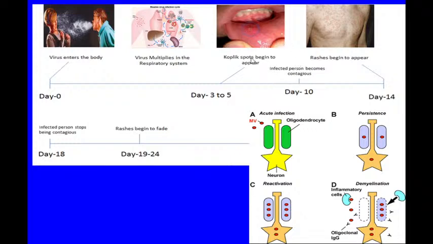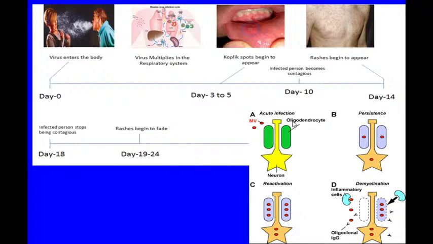So then the symptoms occur as the cough, coryza, conjunctivitis. This is called the 3Cs, and photophobia, and then rash. It is called the catarrhal stage, and then the rash begins to appear, at approximately 14 days. Then usually when the rash appears, the other symptoms are gone, and then the rashes begin to fade, and then we have the recovery from the disease.